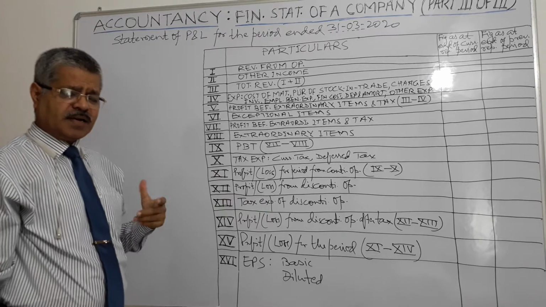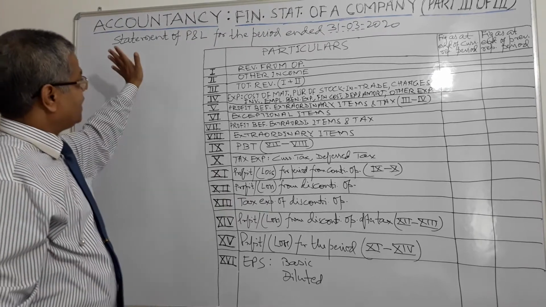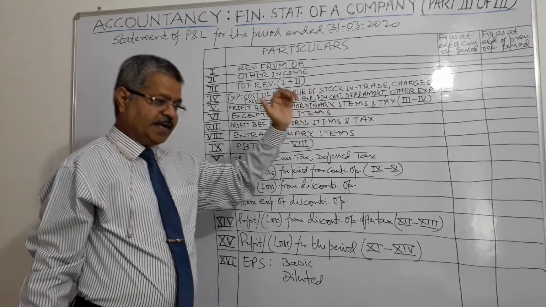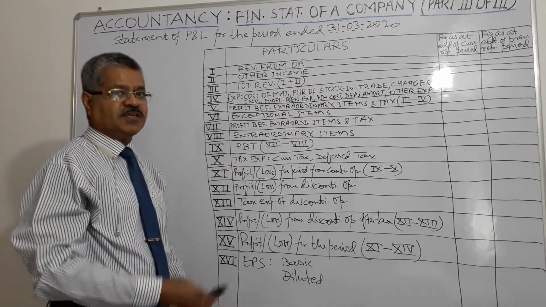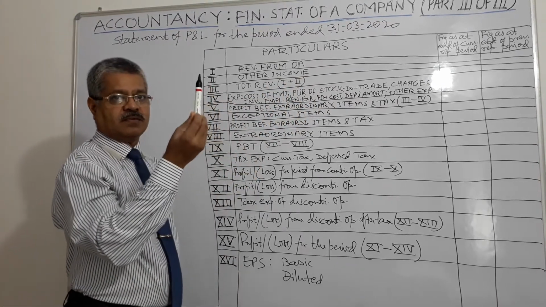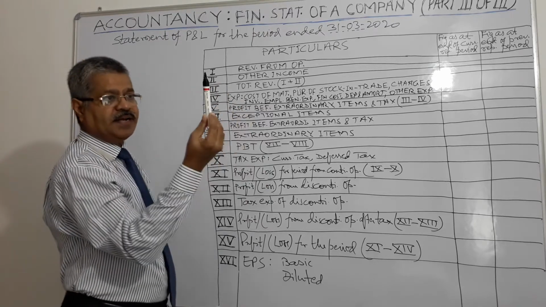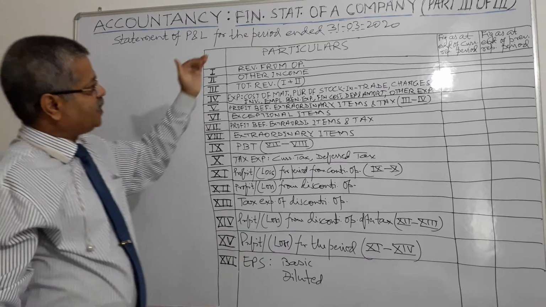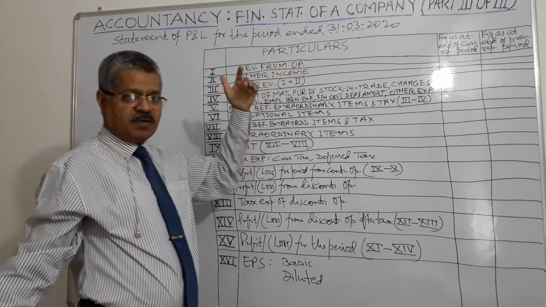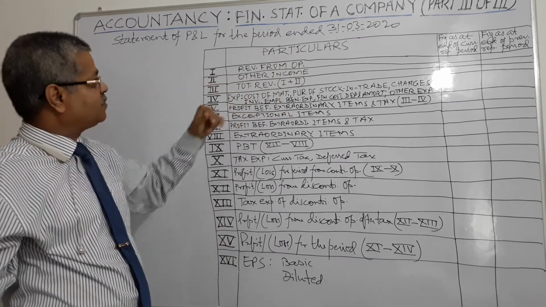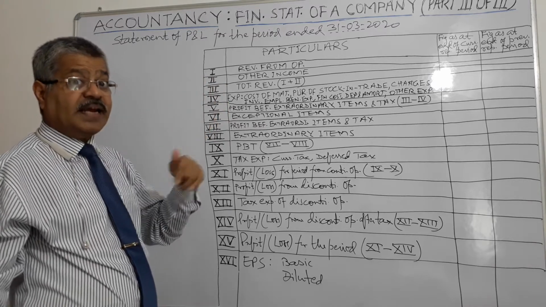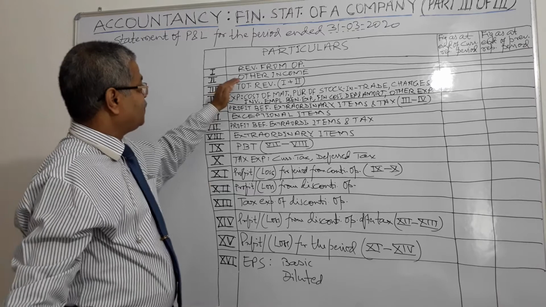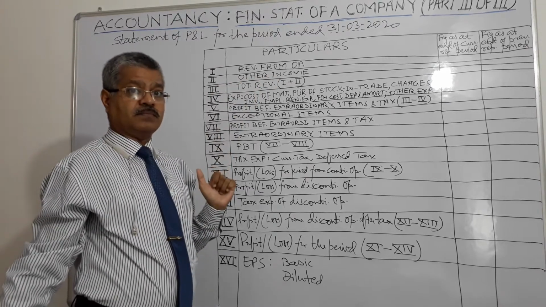So what is other income? Suppose here we are discussing ABC Limited, right? And ABC Limited manufactures pens, the pens with which we are writing, right? So if in case of ABC Limited, which is into manufacturing of pens, if they are earning interest income, then it will fall under other income, right?